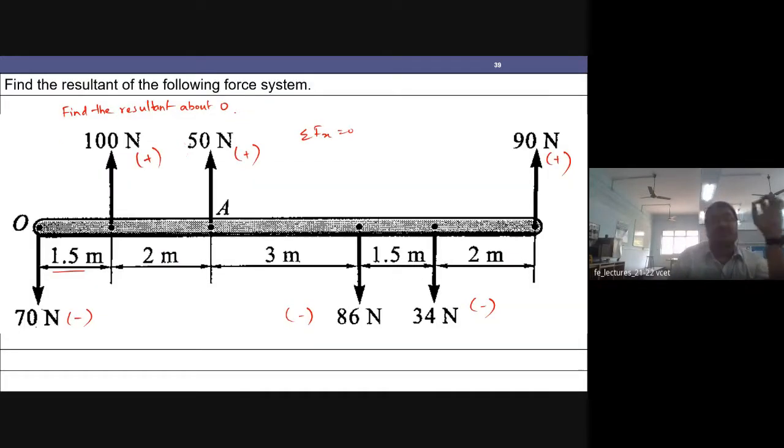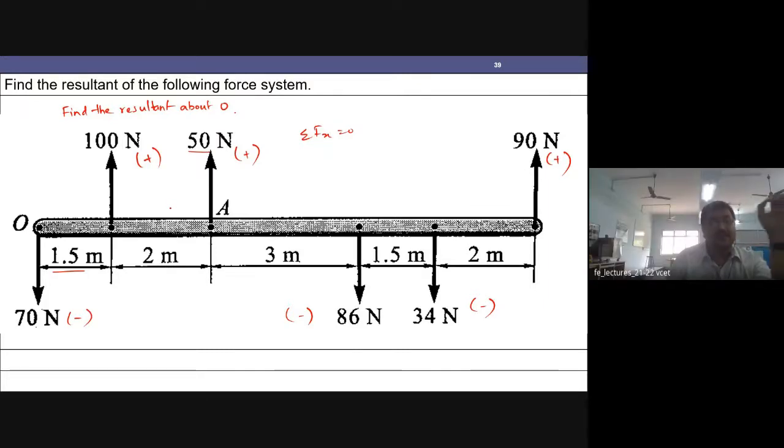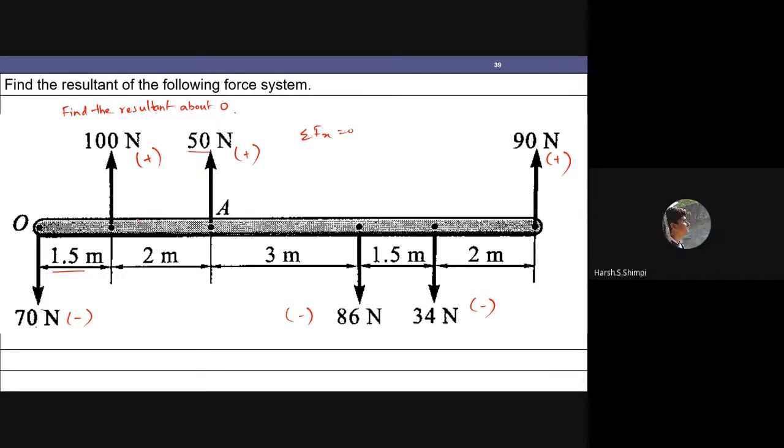Next, the 50 Newton force acts at a distance of 3.5 meters, and the effect is anti-clockwise, positive. Plus 50 into 3.5.